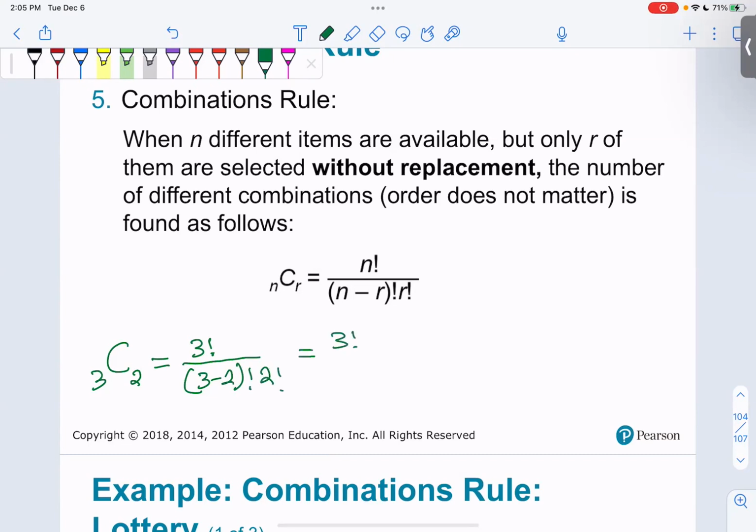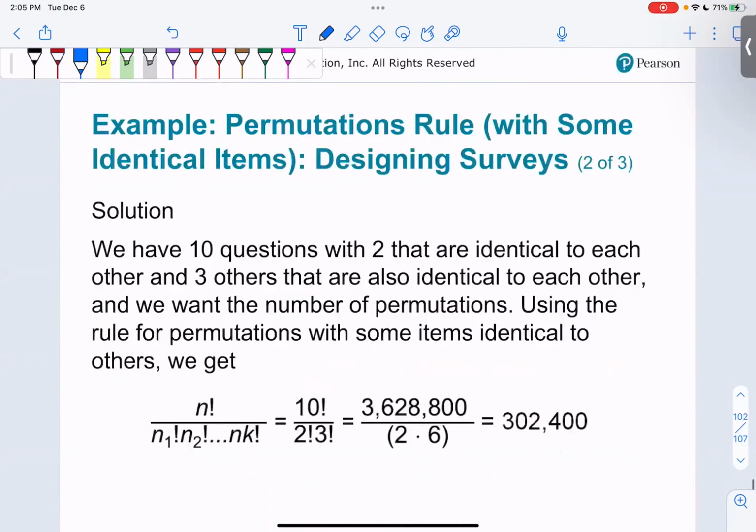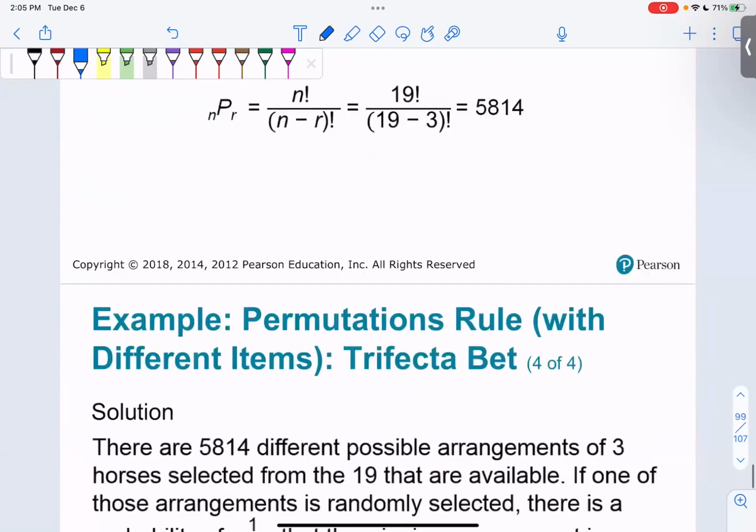It will be 3 factorial, and you have 1 factorial, and here we have 2 factorial. So this is 3 times 2 divided by 2, right? Which is equal to 3. And we did say A, B, C, so it will be AB, AC, and then BC. Those 3 different ways, okay? So let's go back now to the example here they gave.